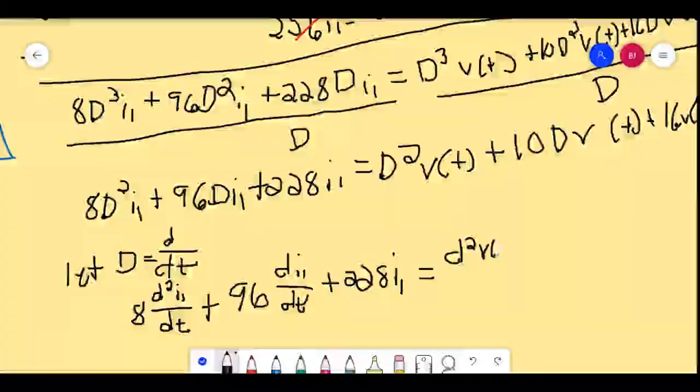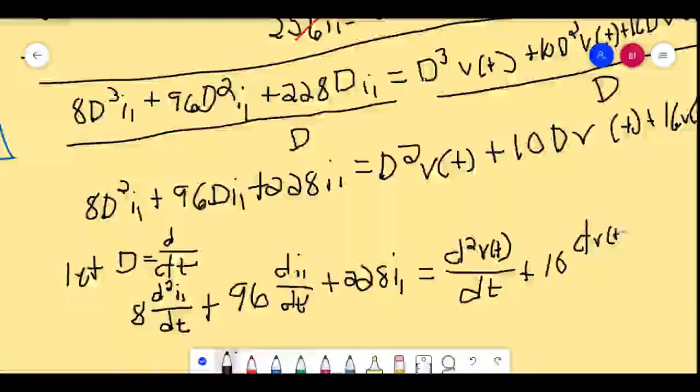We have the d squared here, so this would become d squared v of t over dt. Plus 10 dv of t over dt.